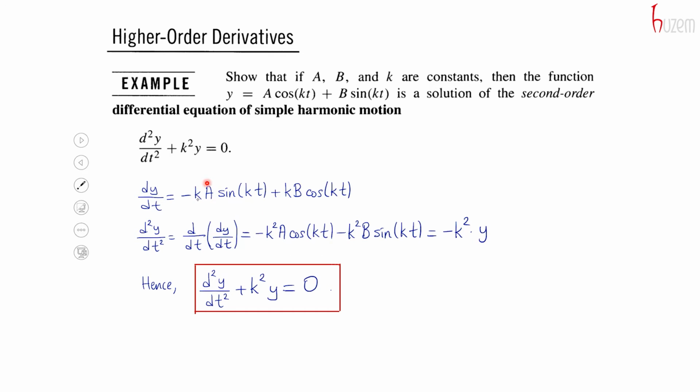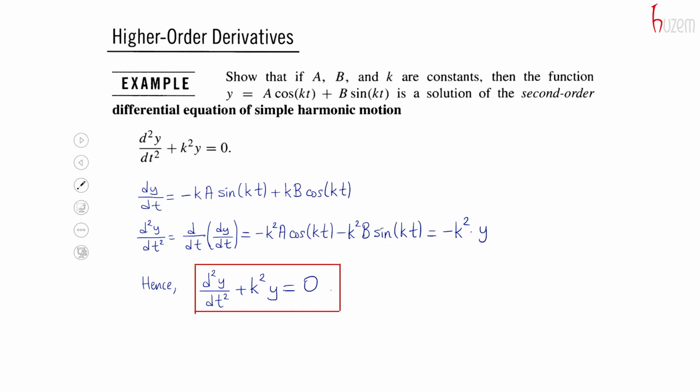So ka becomes k square a, and sine becomes cosine when you differentiate with respect to t. Similarly, this part becomes k square b because of derivative of kt. So k square b comes from here, times derivative of cosine, which is minus sine.